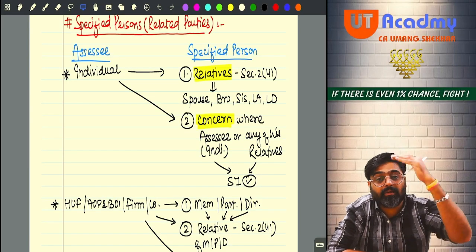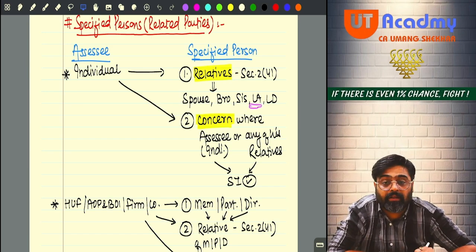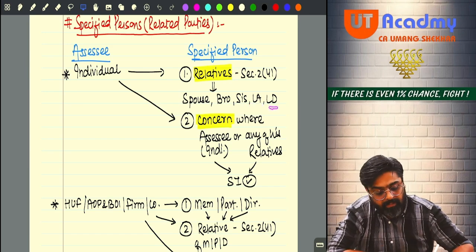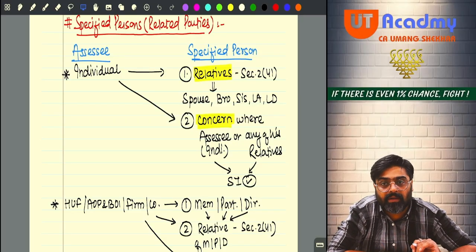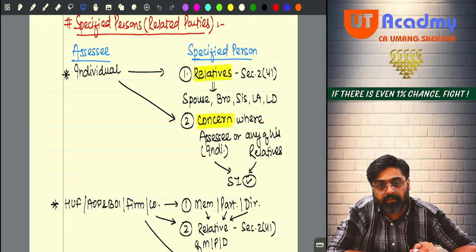My lineal ascendants. LA means lineal ascendants and LD means lineal descendants. Lineal ascendants means my ancestors, my father, my grandfather, my great grandfather, they are my lineal ascendants.